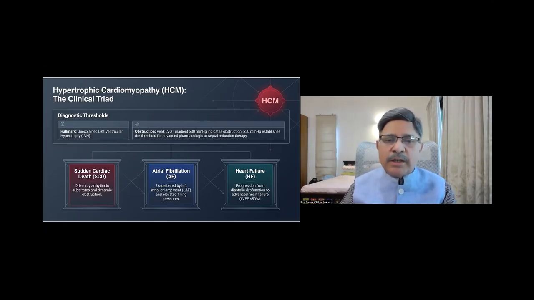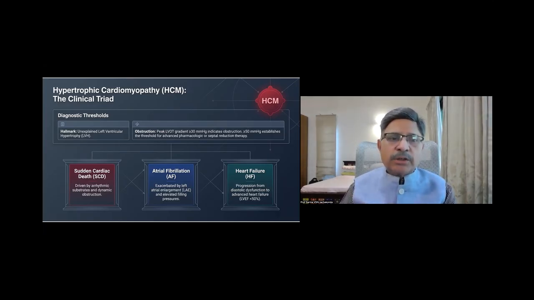Or it is exaggerated by left atrial enlargement, LAE, and elevated filling pressures, atrial fibrillation. Progression from diastolic dysfunction to advanced heart failure, left ventricular ejection fraction less than 50%, heart failure. So beware of the complications: sudden cardiac death, atrial fibrillation, other arrhythmias, and cardiac failure.